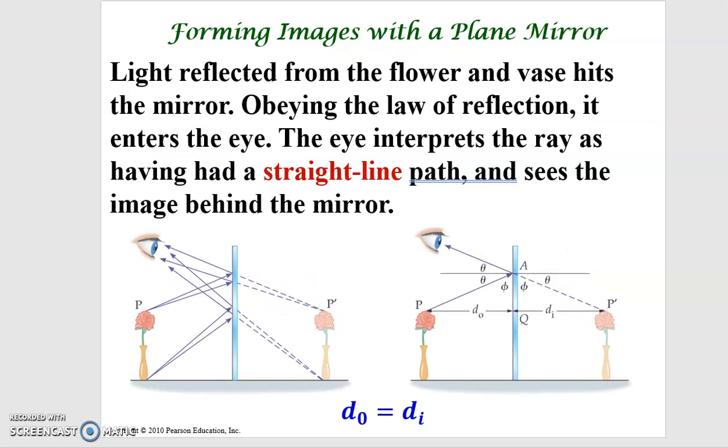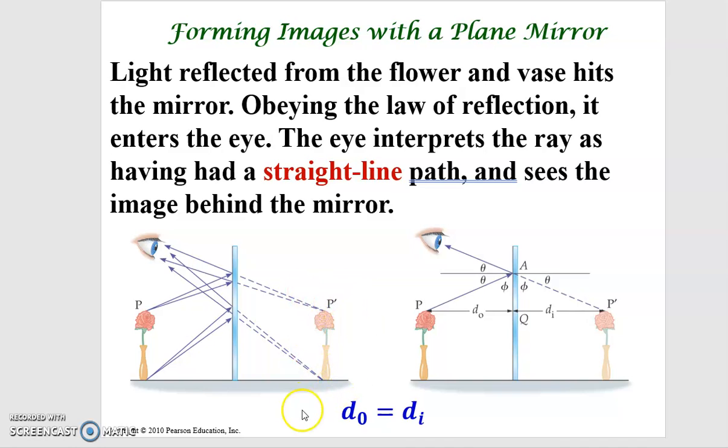Now let's find out the application for the first scenario. If you have a perfectly flat surface, which is a mirror, and you put a flower in a vase in front of the mirror, with your eyes here, you can see the image of the flower and the vase.